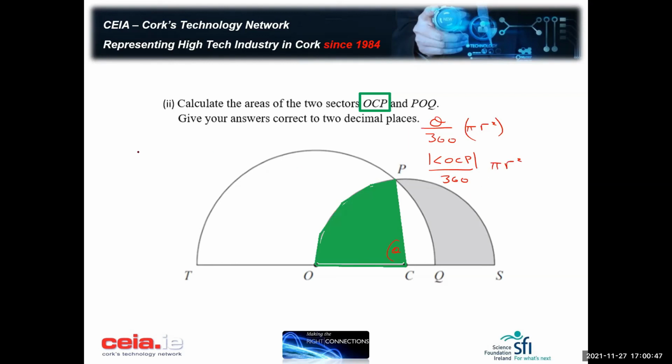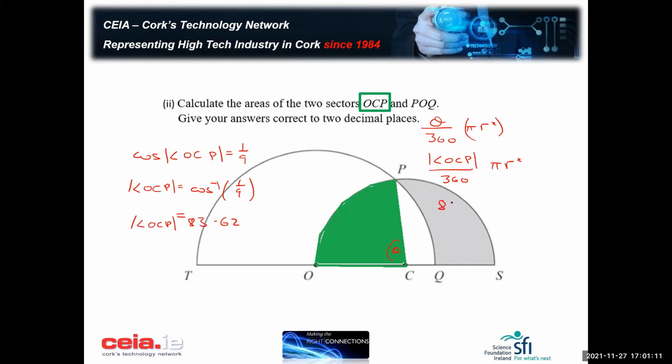But we know a lot about OCP, don't we? The sine of OCP equals a ninth, therefore OCP equals the inverse sine of a ninth. Therefore the measure of angle OCP is 83.62.